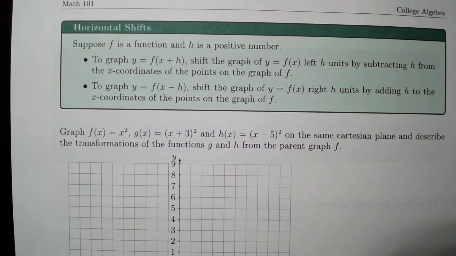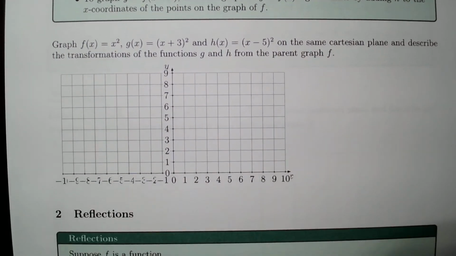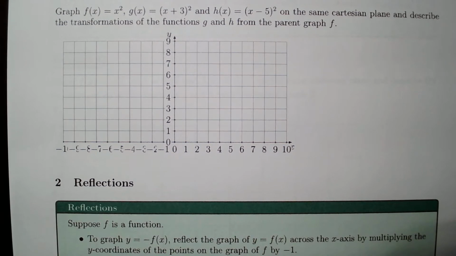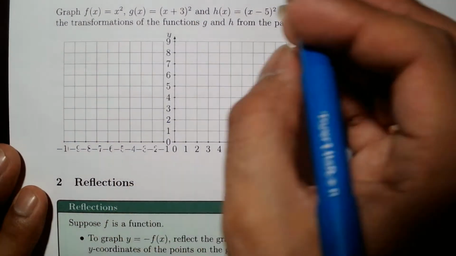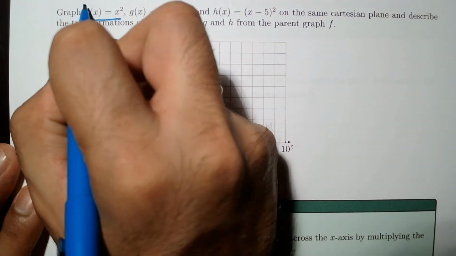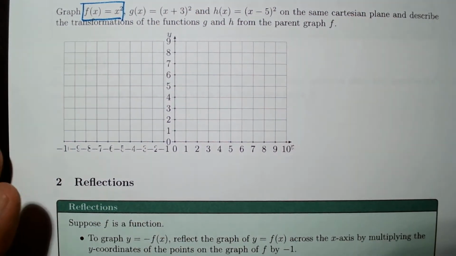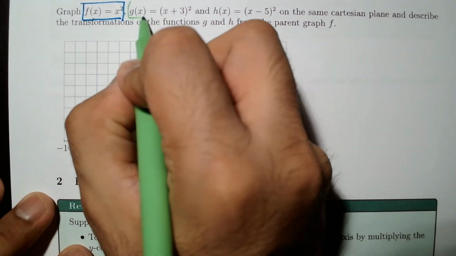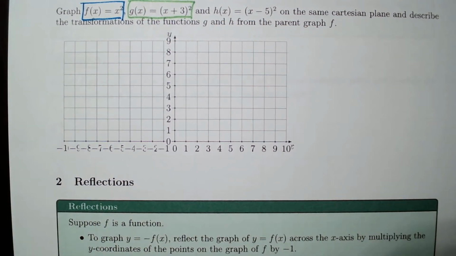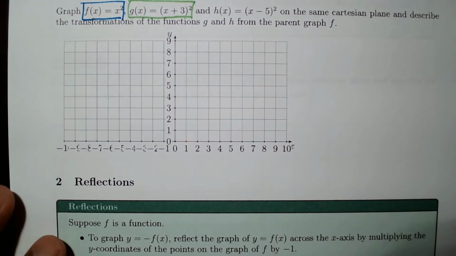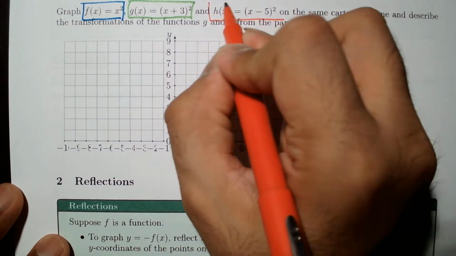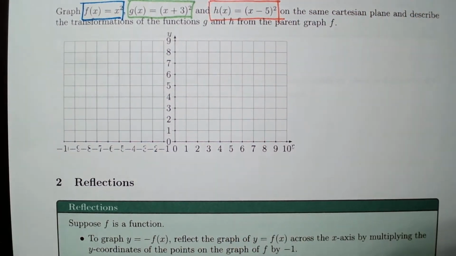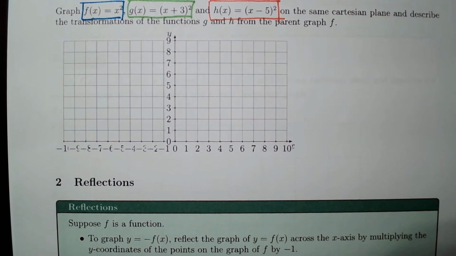So let's look at an example here. So again, let me label this with blue, or box it with blue, and then I'm going to box this with green, just so we can represent all the 3 different colors. Okay, and in this case, I'm not going to graph too many points.